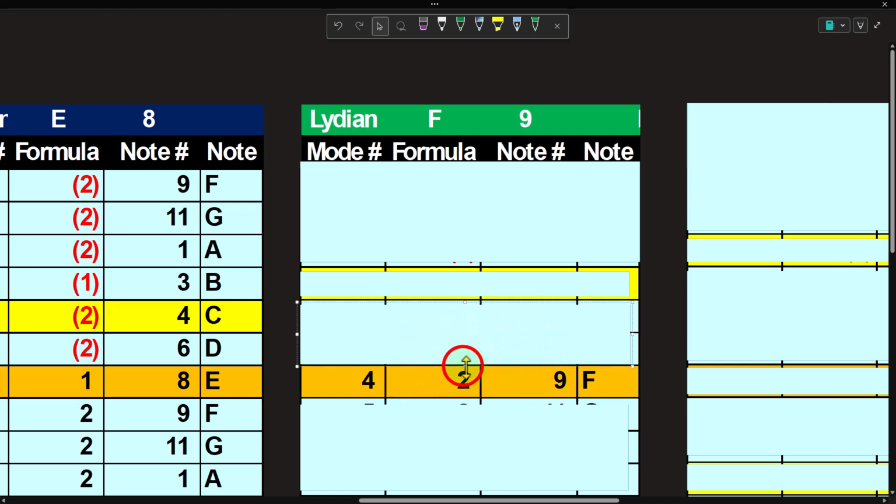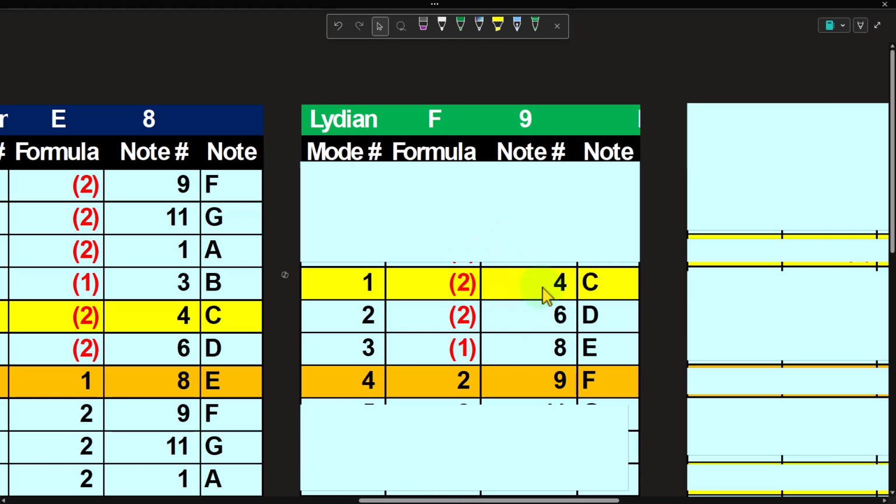We're going from note number 9, which is an F, and we're going to go back 1. Notice we're shifting up this way to go back because of the staggering of the whole steps and half steps. Then we go back 2 to get to 6. So 8 minus 2 gets to 6, and then 6 minus 2 gets us to 4. So what's the distance? It's going to be 2, 4, 5.